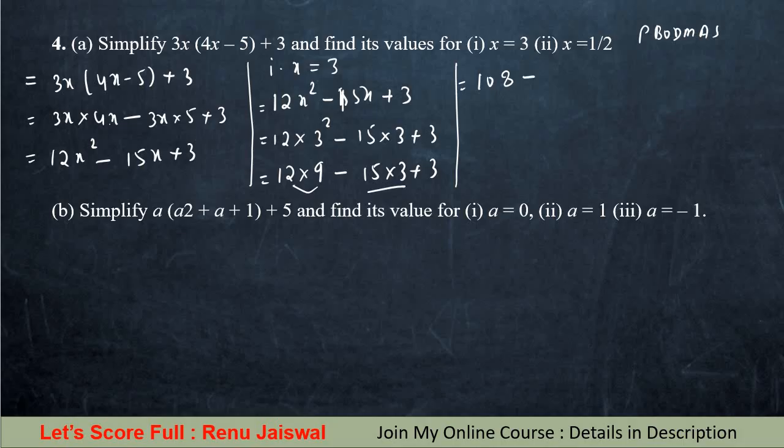Now this 15 3s are 45 and then 3. This and this is positive sign, add that. So it is 111 minus 45. We can subtract. 11 minus 5 is 6. Then here 11, the way you subtract, do that. So here again 6 and that is 66.